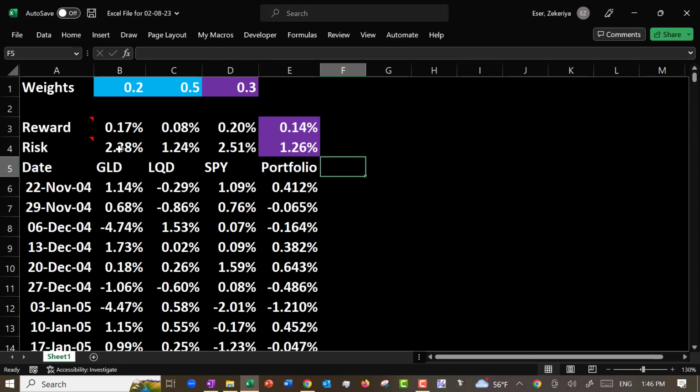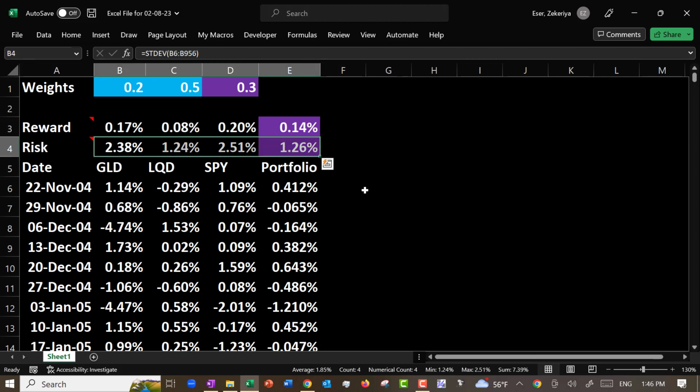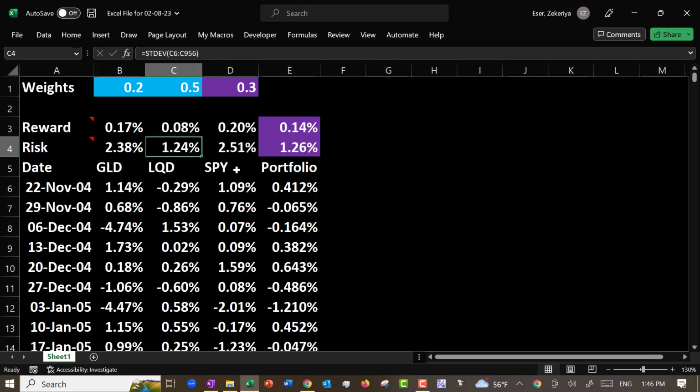But look at one thing here. Other than LQD, this portfolio has a much lower risk compared to SPY and gold. I mean, if I had changed the weights a little bit, either way, the portfolio itself tends to be much less risky than individual assets.